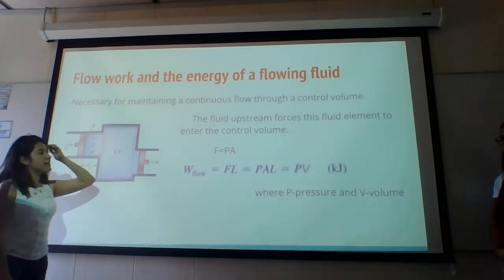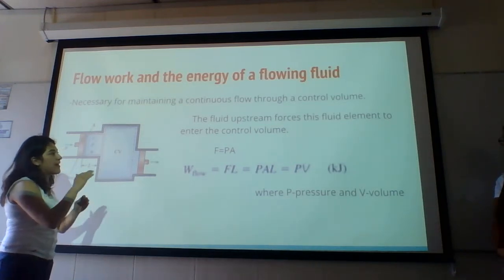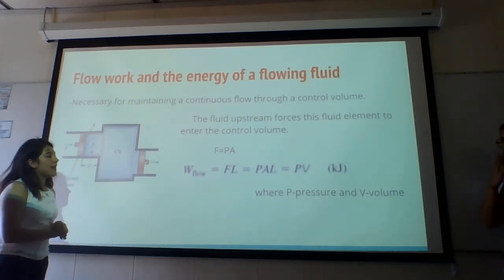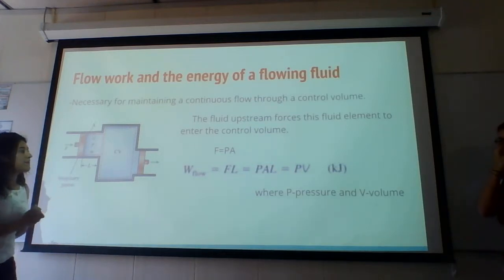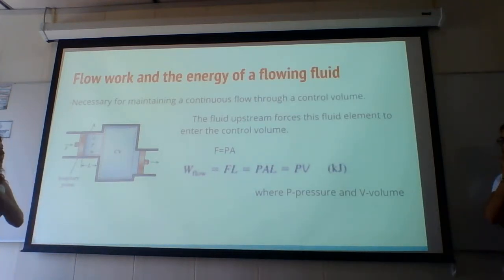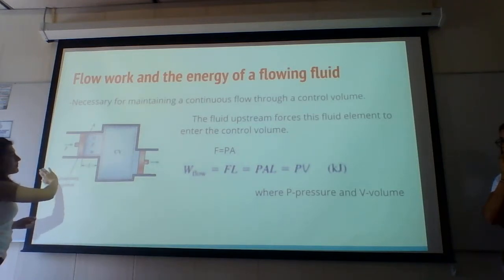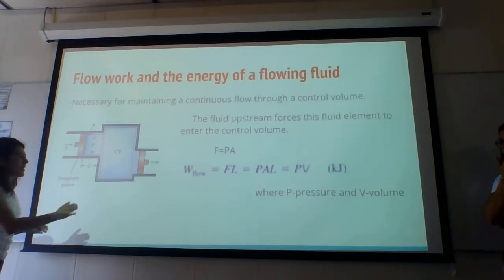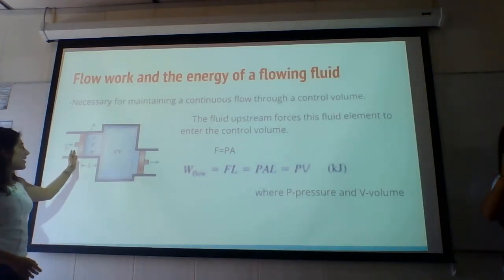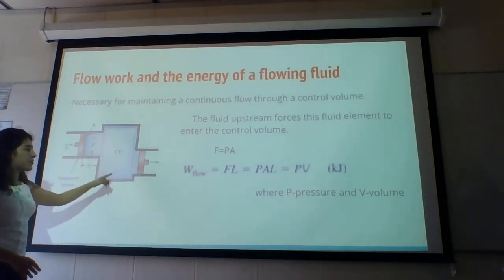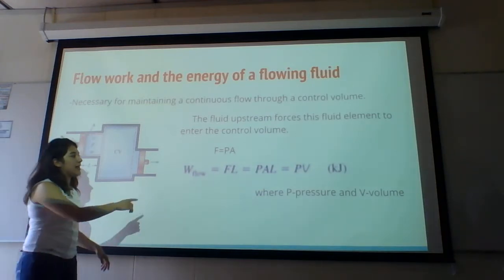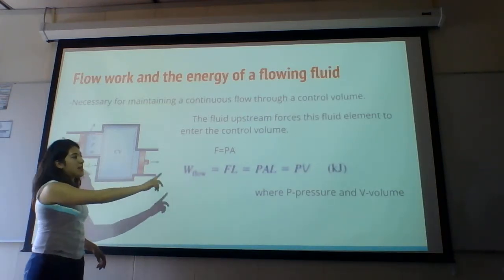So the force equals the pressure times the area, and we know that the flow work equals the force times the distance that it needs to cross to get into the control volume. So we can say that the flow work equals the pressure times the volume.